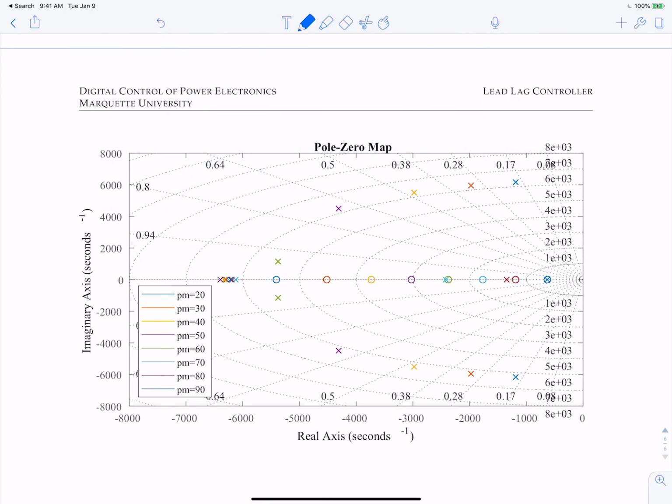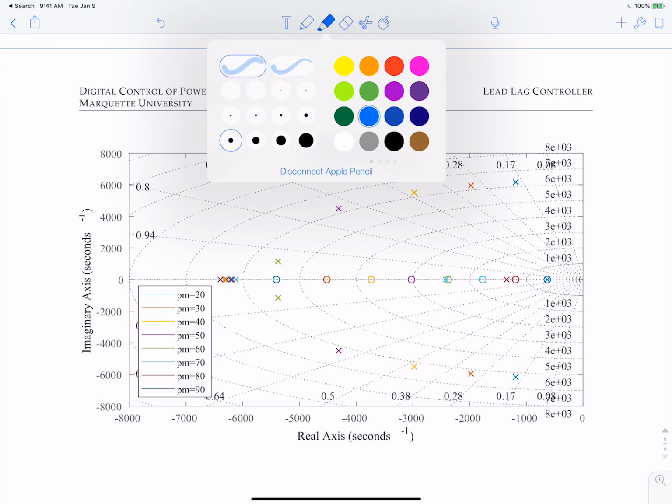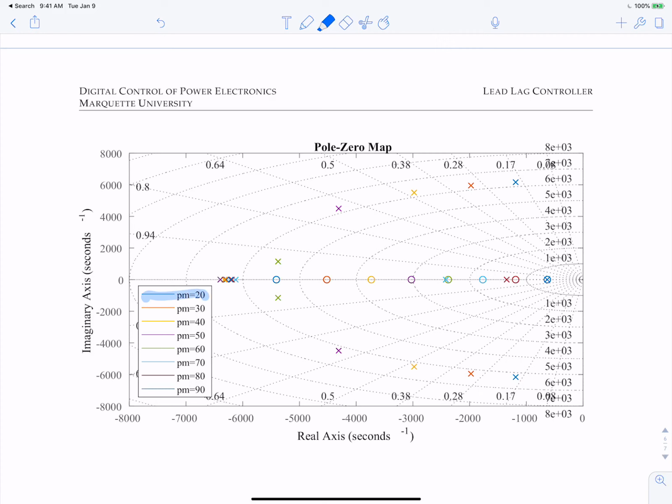You saw the step response first, but let's take a look at our phase margin of about 20 degrees. That would be this one. If you look over here, here are two of my poles and I have another one here, which is really interesting because this line out here and this line here is a damping of about 0.17. So that's not a lot of damping, which is why it rings quite a bit.